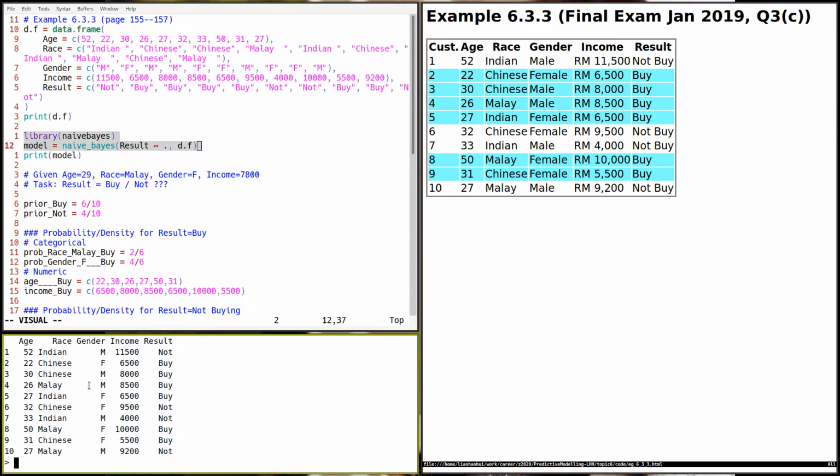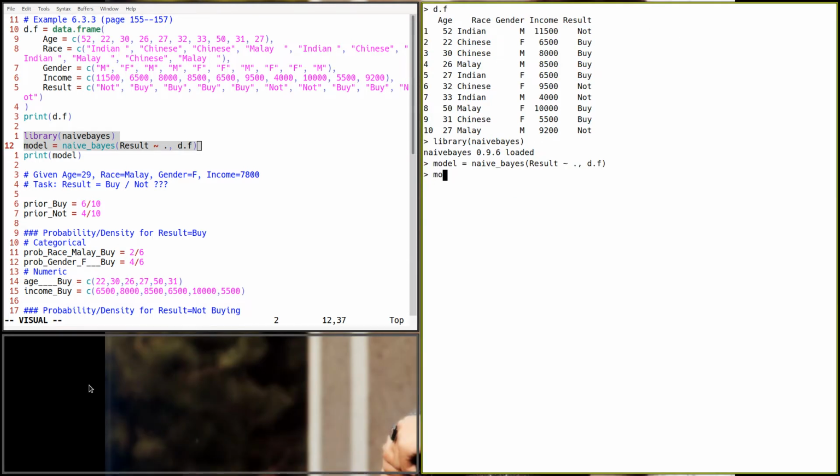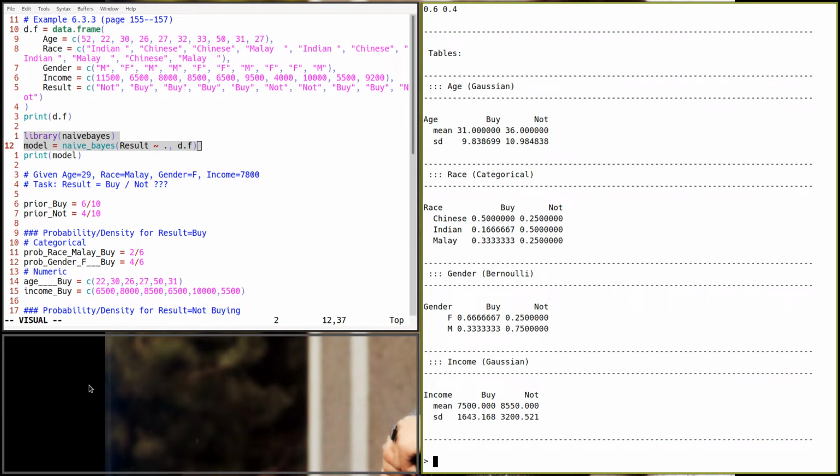If we use the naive Bayes model, it will estimate all the parameters for us. I want to show you the values. Let's have a look at the values.